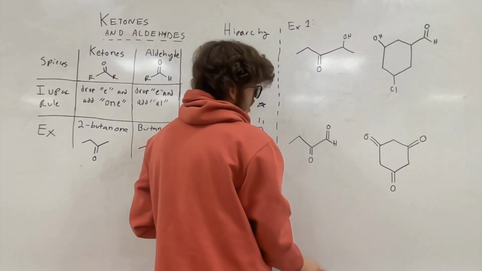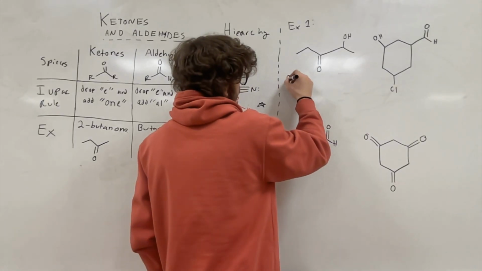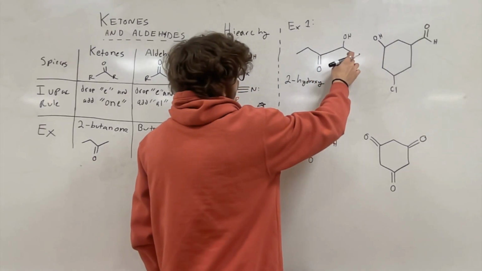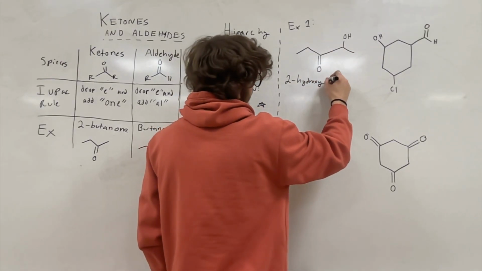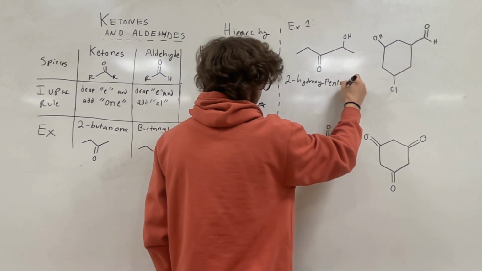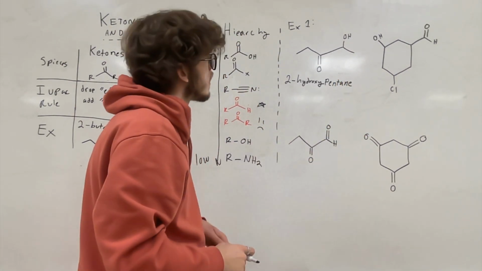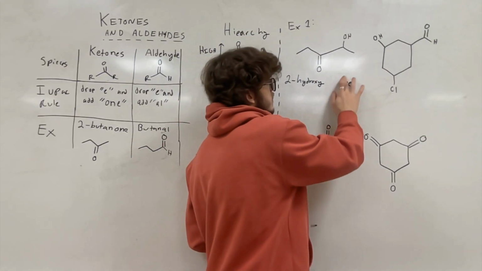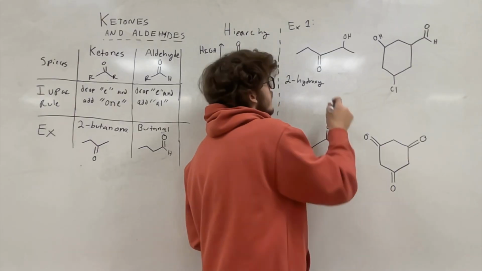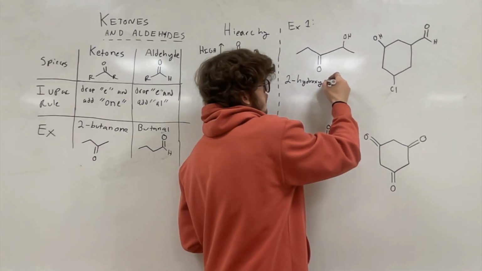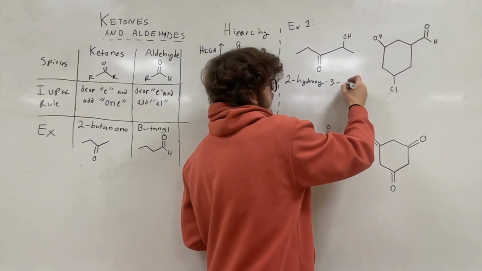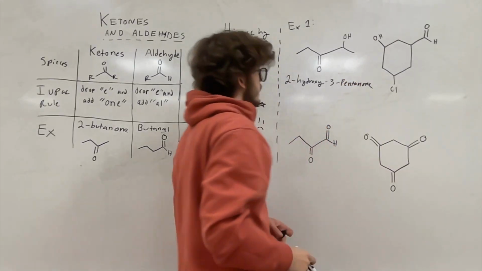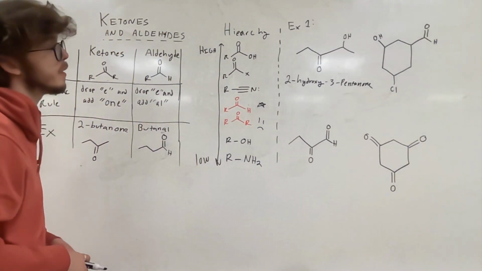We have a hydroxyl group in the second spot, so we call this 2-hydroxy. And we have 5 carbons, so that's pentane. We're going to drop the E and add -one, but notice we forgot to name the carbonyl. So we need to say that it's in the third spot, pentanone. So 2-hydroxy-3-pentanone. That's that molecule there.